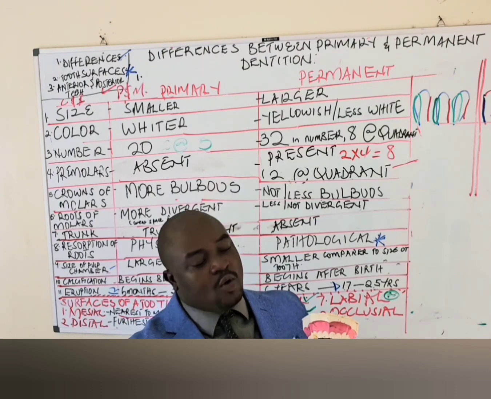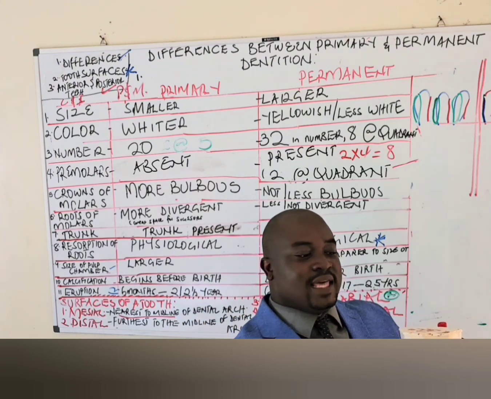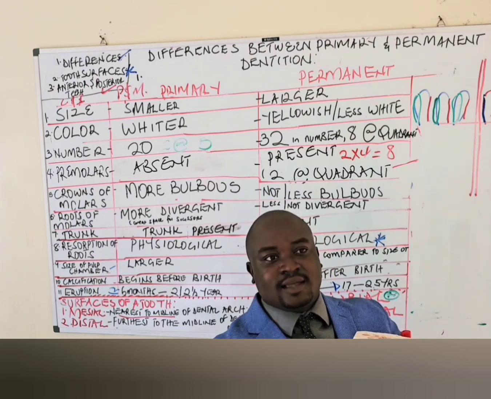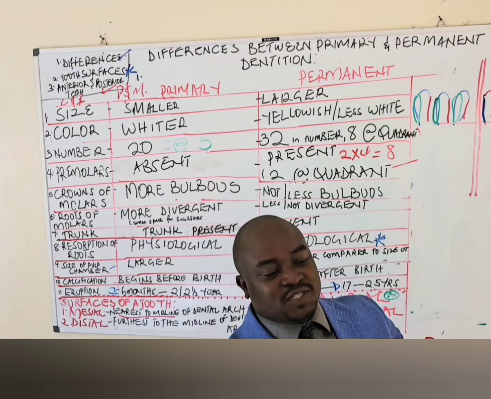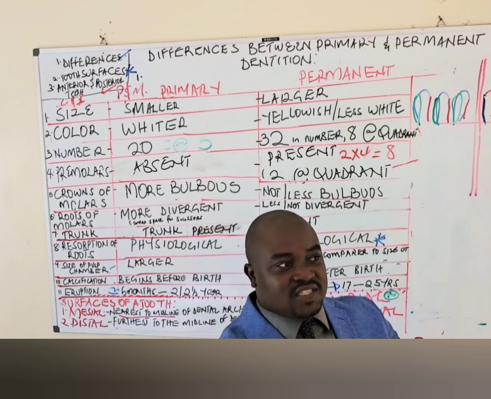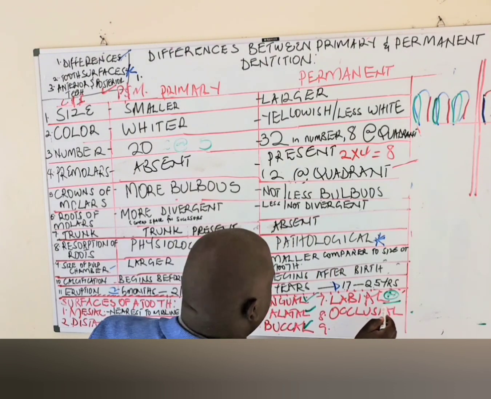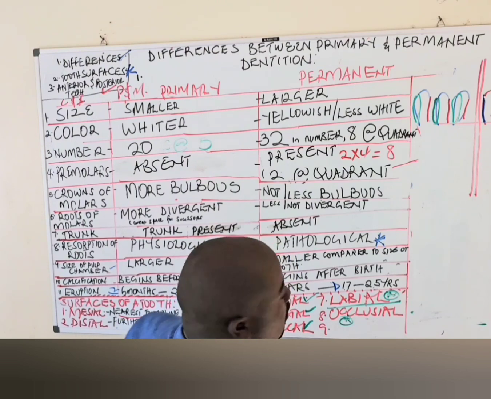For either upper or lower, so long as these are the anterior teeth, they are always near the lips. So those tooth surfaces towards the lips are called what? The labial surfaces.